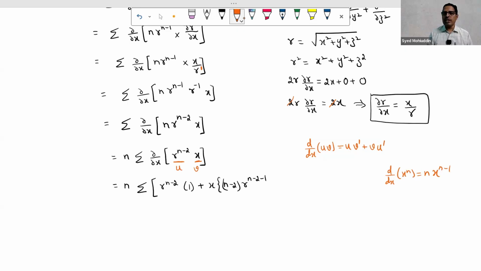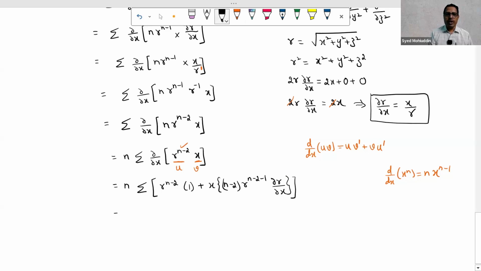So here n is nothing but your n minus 2. So that is (n-2) into r^(n-3) into the derivative of r. So first power differentiation is over. Now differentiation of r, derivative of r with respect to x, partial derivative, is ∂r/∂x. Right? So it is v into u'.